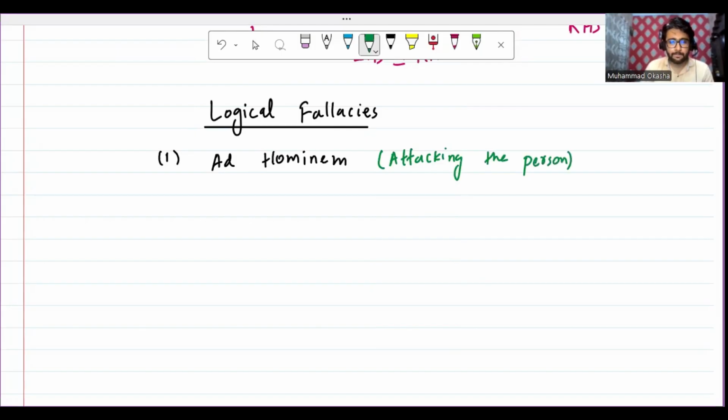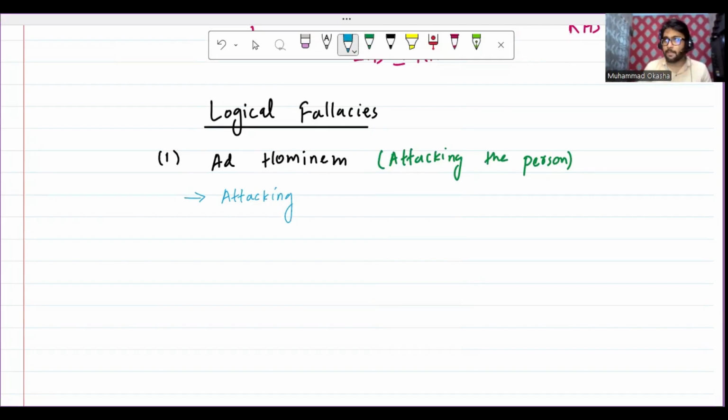I'll give an example of this. Instead of addressing the argument, you attack the person. This is a classic definition. Not physically attacking the person: in an argument, you attack the person instead of addressing the argument.